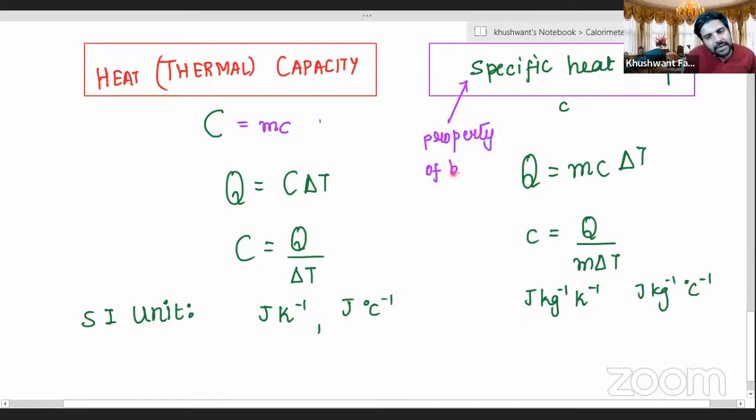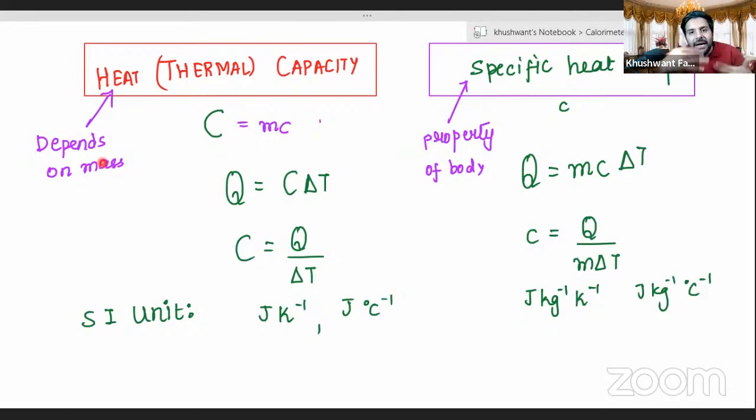Of course, this c value can change with temperature, but that we are not reading right now. It is completely out of context currently. But it is the property of the body, whereas this one depends on mass. The more is the mass, the more will be thermal capacity. See, by the name itself it is clear. Thermal capacity यानी कि heat धारण करने की क्षमता, right? The capacity to hold heat within itself.